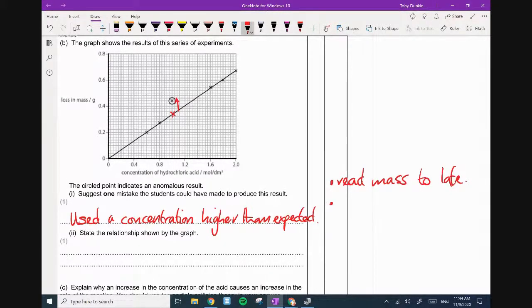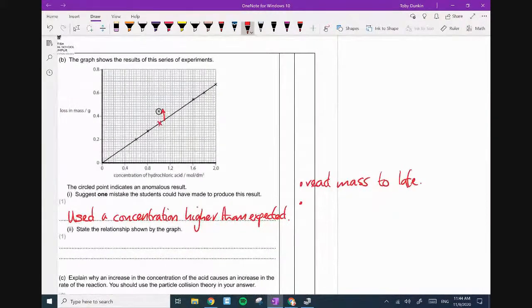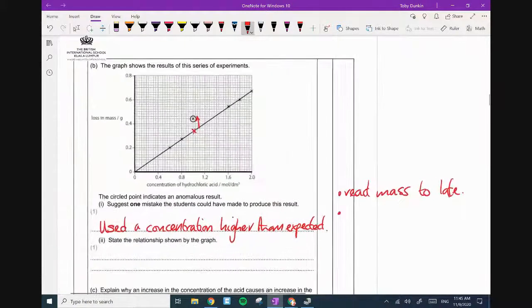Now, lots of you guys wrote that he started the stopwatch too late. Well, that's not correct, because if you started the stopwatch too late, then the mass loss would have probably been higher than expected. Sorry, no, hang on a minute. Would have been lower than expected, because essentially, oh, hang on a sec.